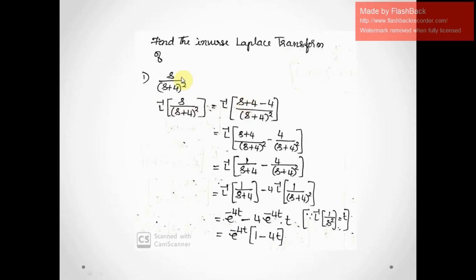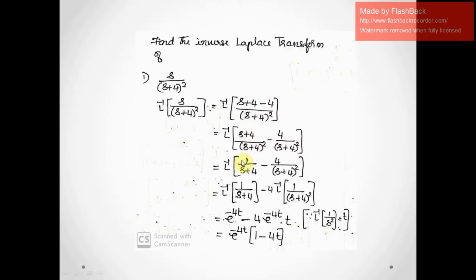What we'll do now is start with s by s plus 4 whole square. I will add and subtract 4 here so that I can split the fraction. We can split the fraction here: s plus 4 by s plus 4 whole square minus 4 by s plus 4 whole square.